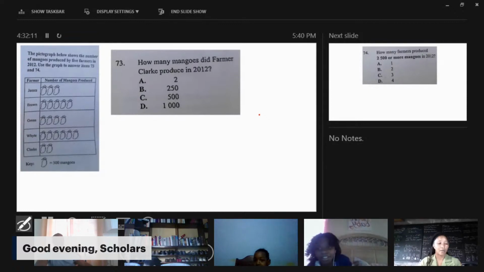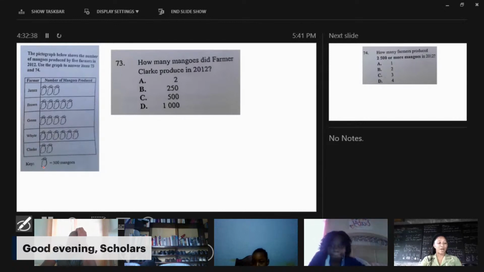The pictograph below shows the numbers of mangoes produced by 5 farmers in 2012. Use the graph to answer items 73 and 74. So these are the farmers, and this is Clark here.